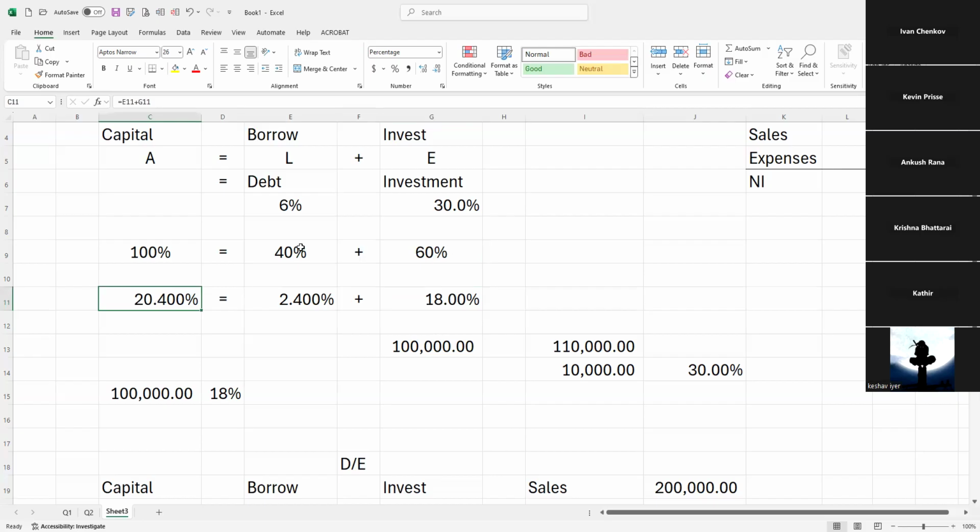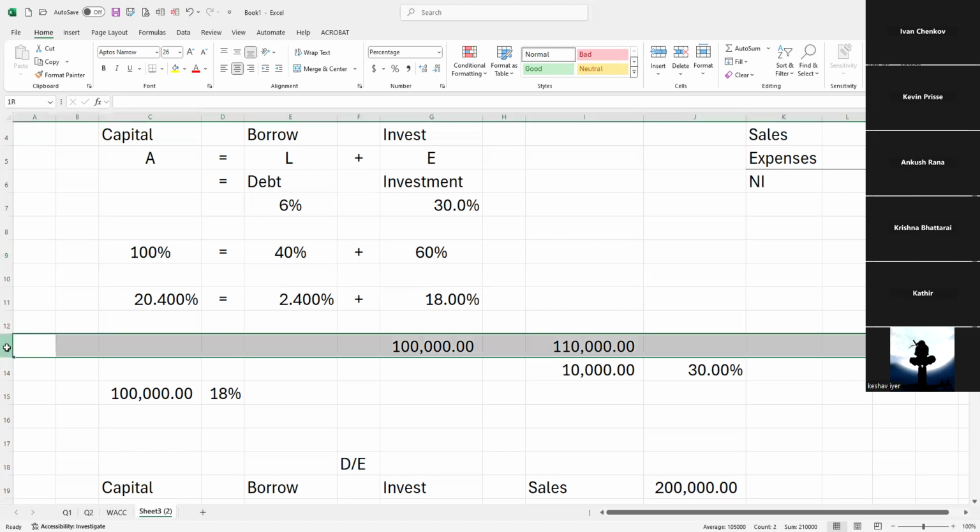I want to challenge you with one question here. Since I have this one, I'm going to flip to a new screen. Let's call this the weighted average cost of capital. And now onto this one. So watch this. We know that capital is 100%, correct? Yes. I guess you're with me?